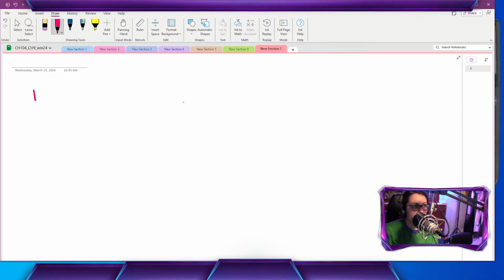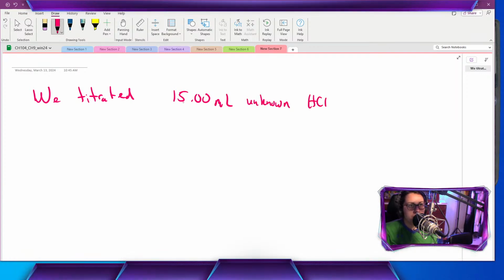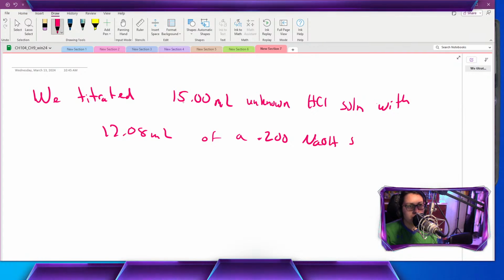We titrated a 15 milliliter unknown HCl solution, so we don't know the concentration, with 17.08 milliliters of a 0.200 sodium hydroxide solution. And so what's the concentration of the unknown HCl? So take a minute for that.